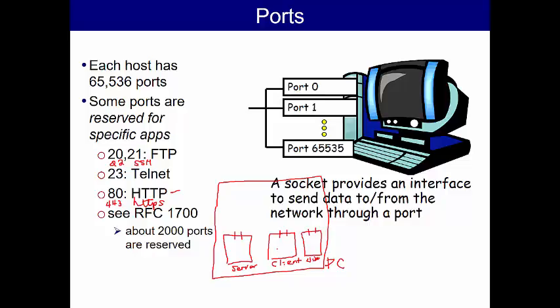Each application designates a specific port. So port 1, port 2, and port 3, each its own port. This client tries to access port 1, and this other client tries to access port 1 also.